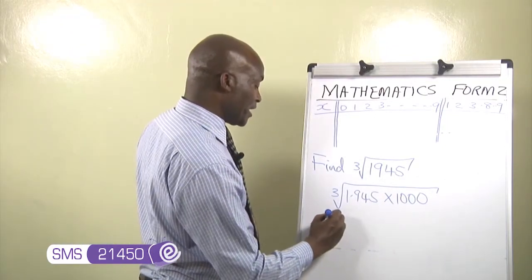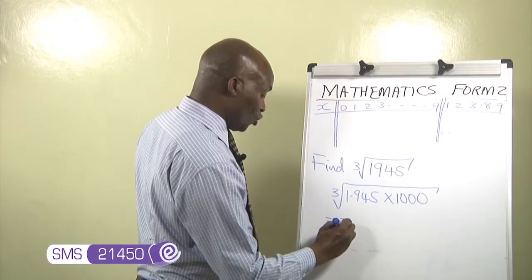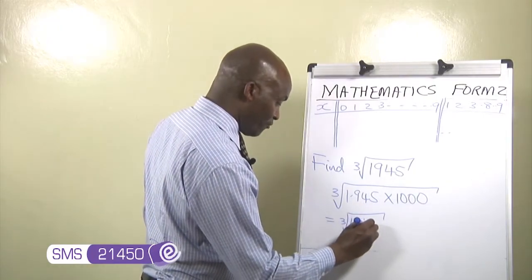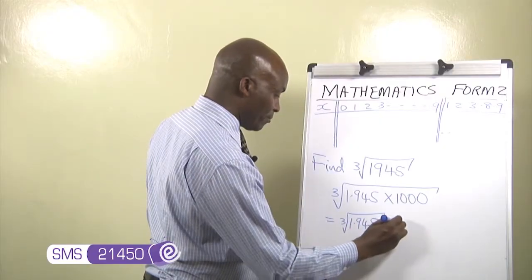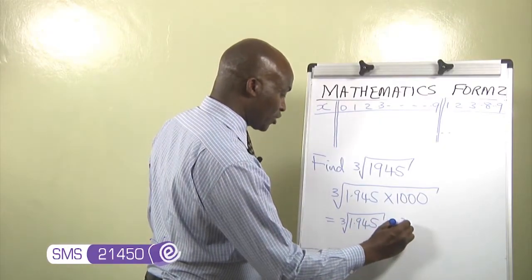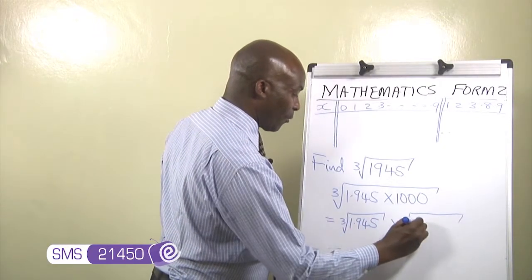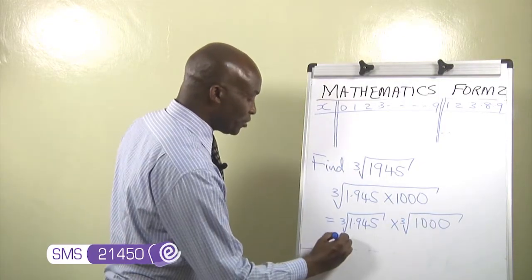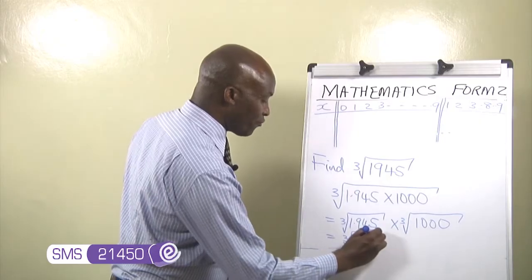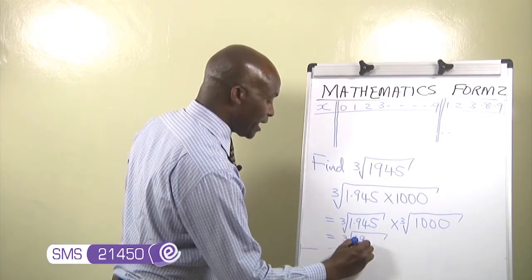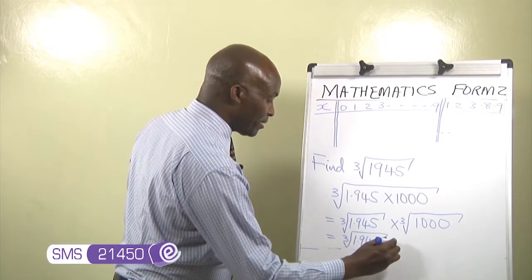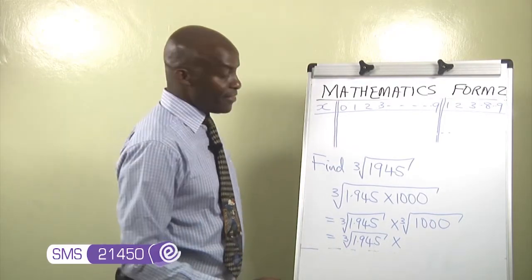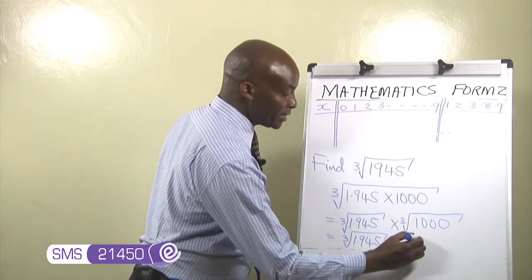This can be written as the cube root of 1.945 multiplied by the cube root of 1,000, which is equal to the cube root of 1.945 multiplied by 10, since the cube root of 1,000 is 10.